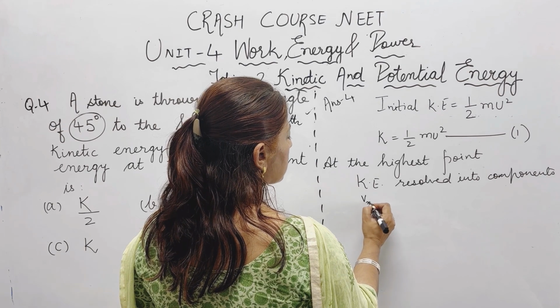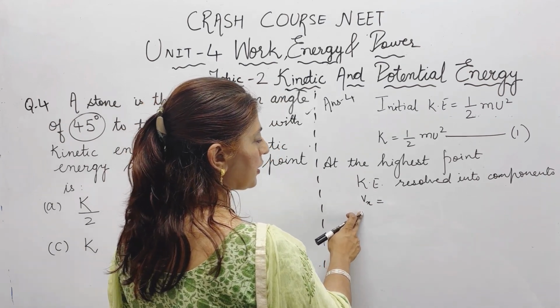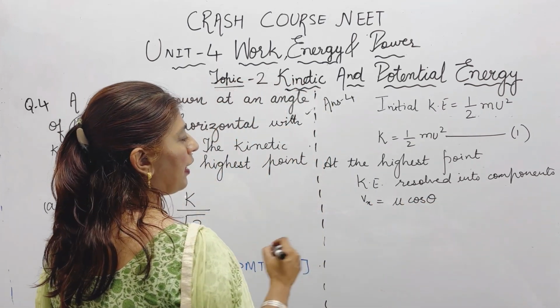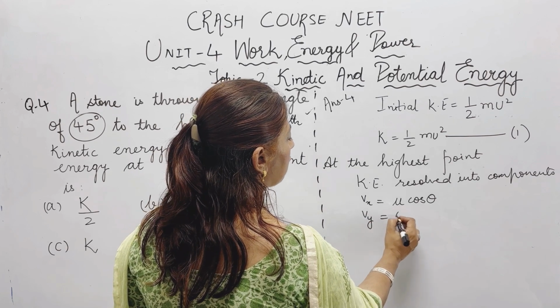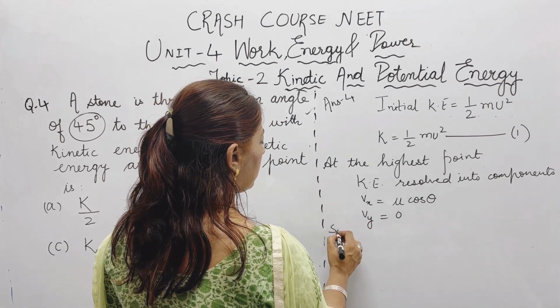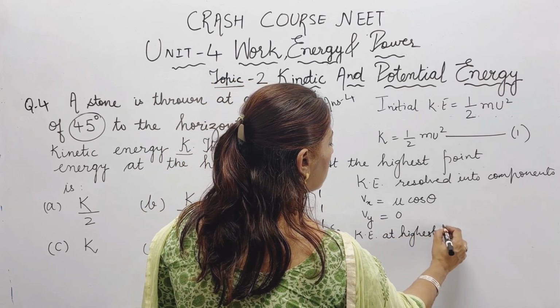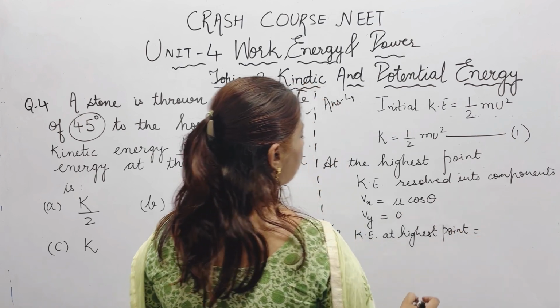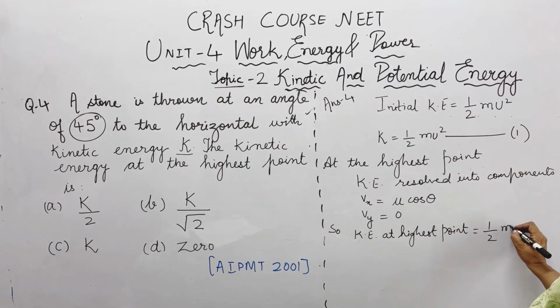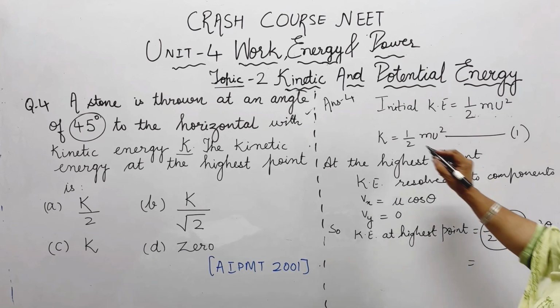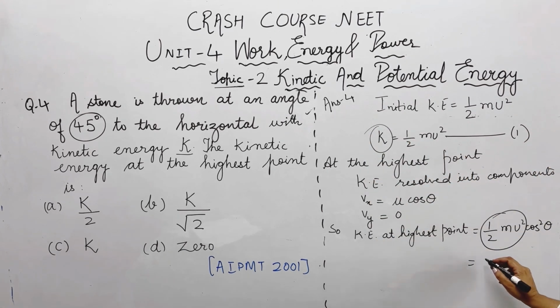So let Vx be the x component of the velocity, and that will be given by u cos theta, and the y component will be 0. So kinetic energy at the highest point is given by half m u square cos square theta, or this is equal to, now this half m u square is equal to the initial kinetic energy, and cos square theta.